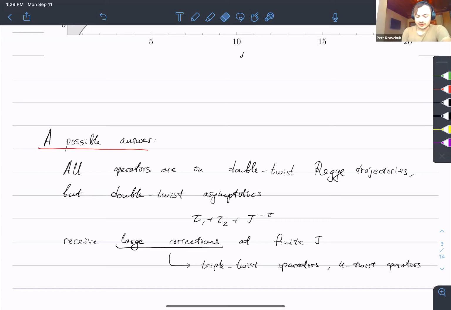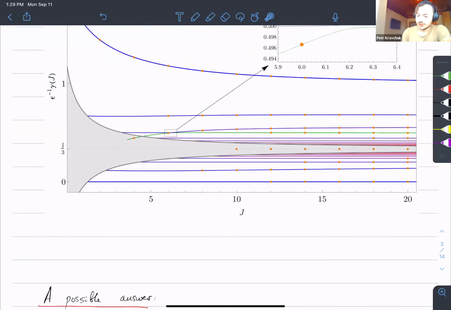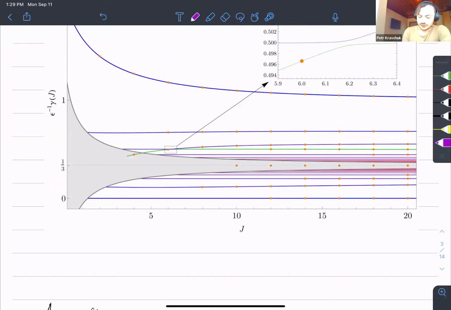And trying to understand these large corrections is what motivates me, at least, to think about what one might call triple twist operators or quadruple twist operators, or higher twist operators more generally. Because in this context, for example, as I said, these are operators of twist 4.